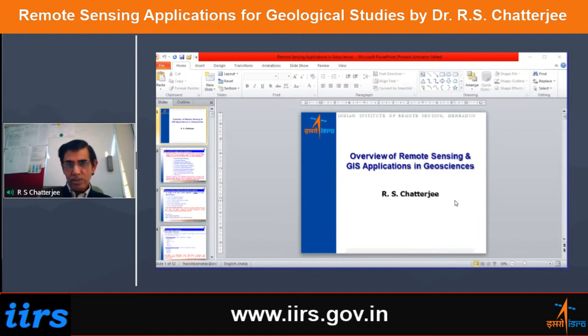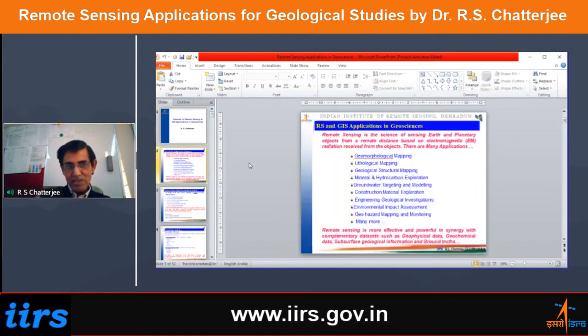So to begin with, remote sensing, you know what is remote sensing? The definition of remote sensing is already known to you.